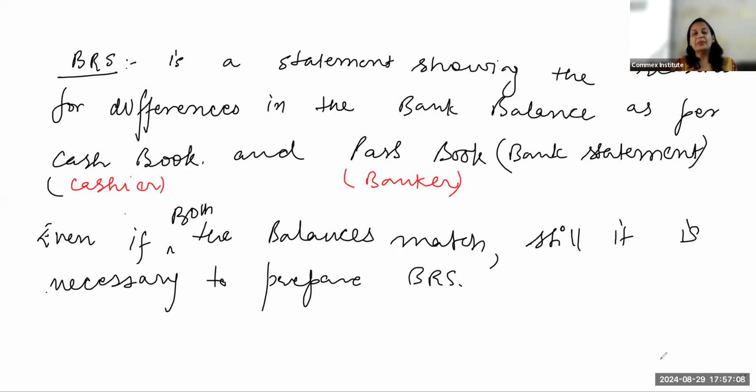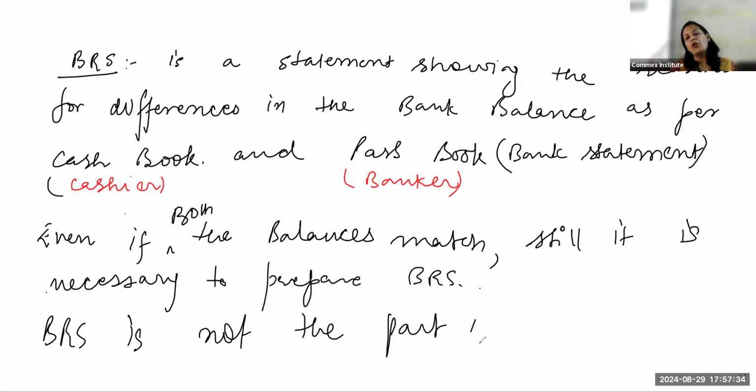One is showing 5,000 more, or the other account is showing more due to some other entry. So both are showing 1,05,000, 1,05,000, but actually the difference is 10,000. But because they are in the opposite direction, they are matching. So even if both the balances match, still it is necessary to prepare BRS. BRS is not part of bookkeeping records.